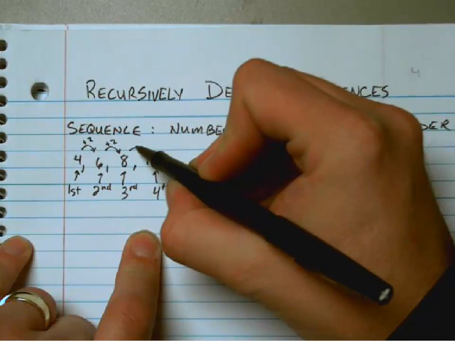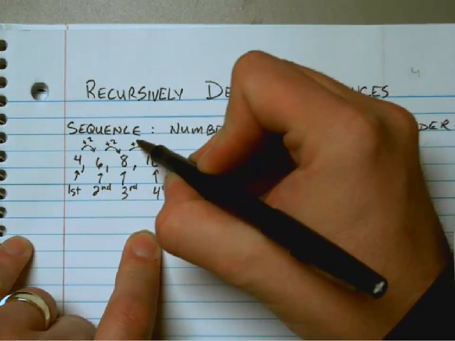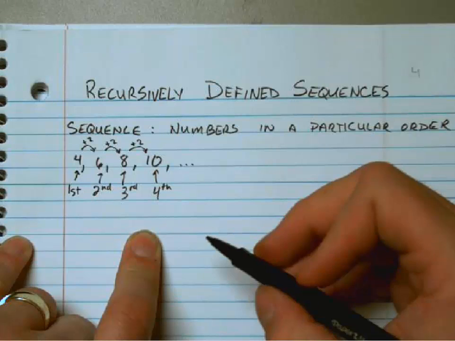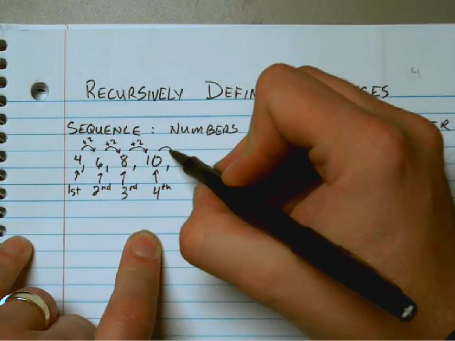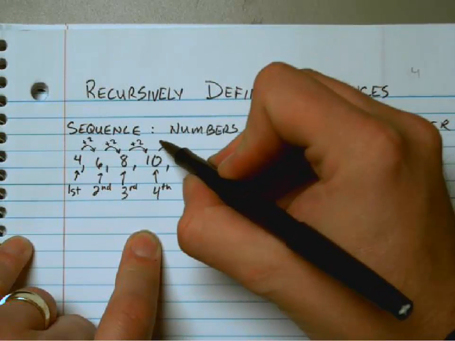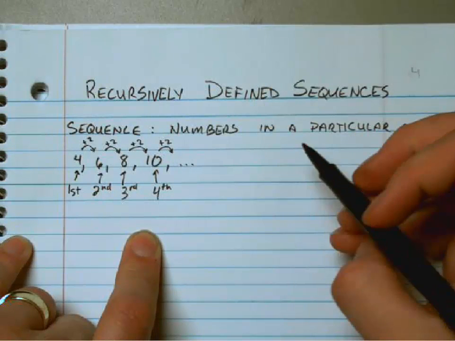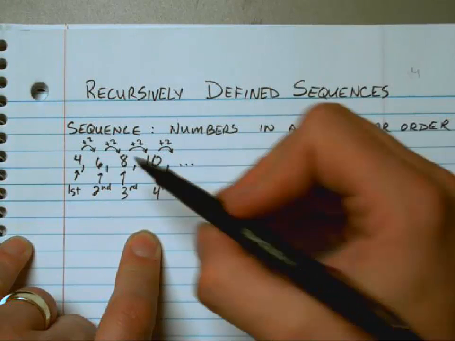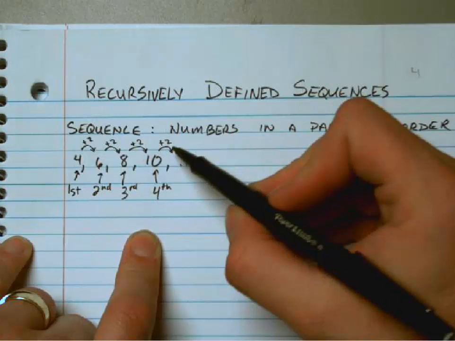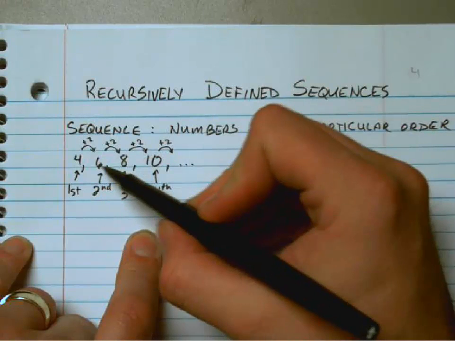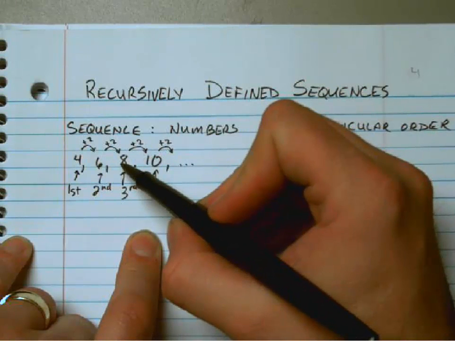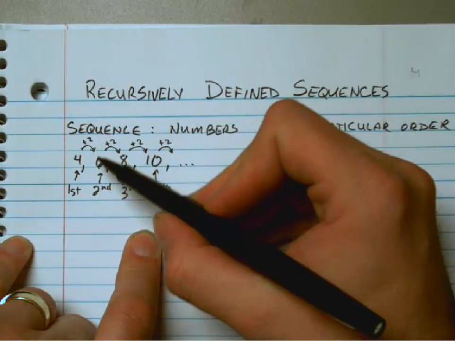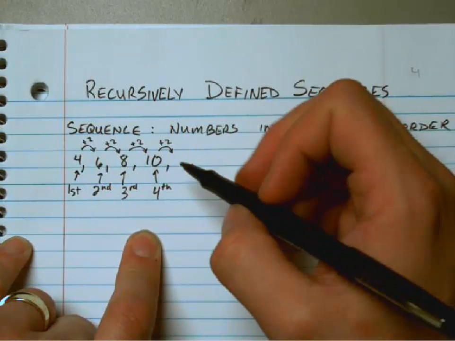And when you go from 8 to 10, you also add 2. To go from 10 to the next one, what do you think we're going to do? Well, we're going to add 2, just like we've done the rest of the time. Because we're adding 2 each time, each number is 2 away from the number before it. 2 is called the common difference here.